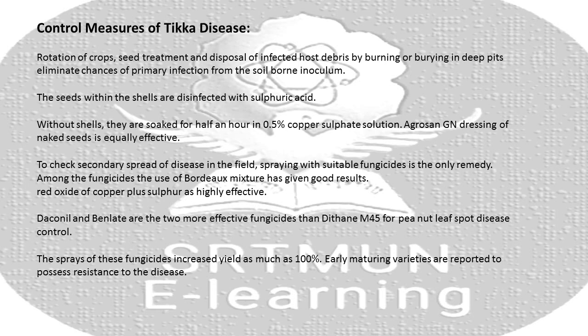Now next, Daconil and Benlate are two more effective fungicides. Dithane is also used for peanut leaf spot disease control. Now next, the spray of these fungicides increased yield as much as 100%. Early maturing varieties are reported to possess resistance to the disease.